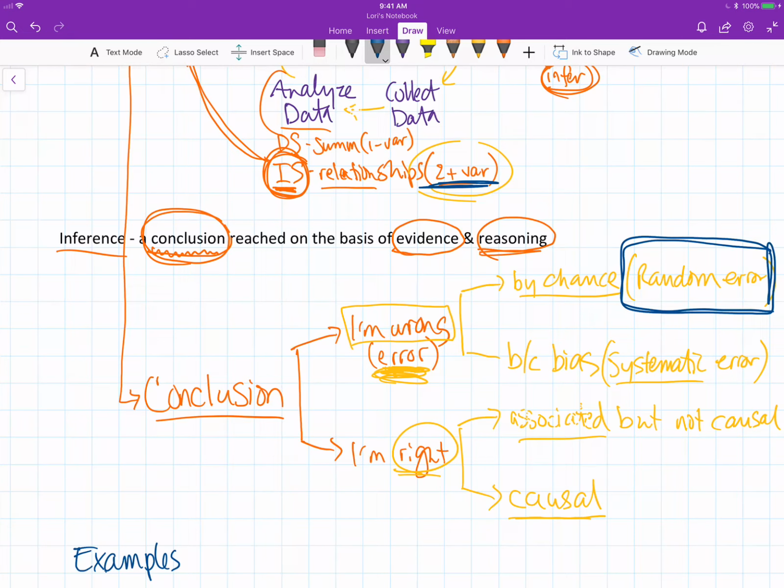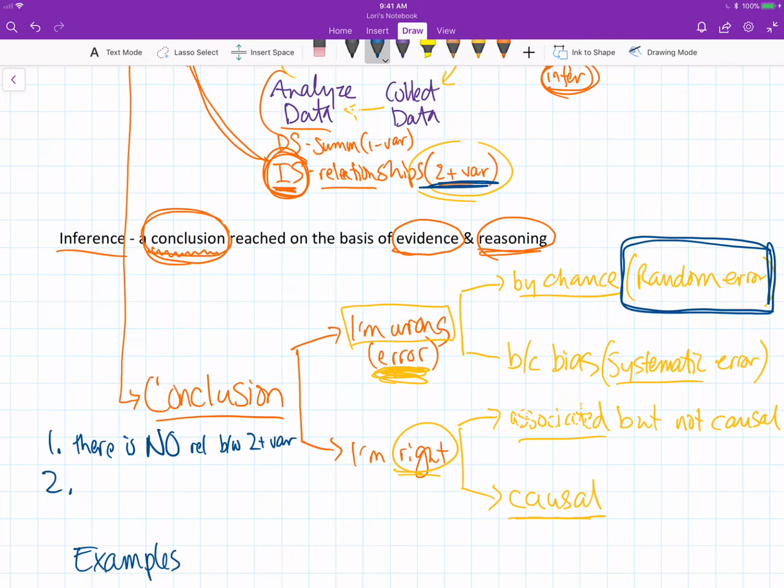There are a couple of different conclusions that I can come up with. So one, I could say there is no relationship between my two or more variables.